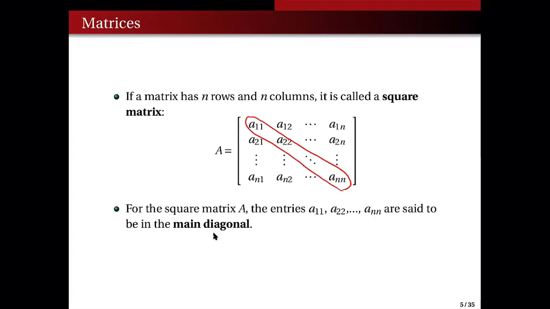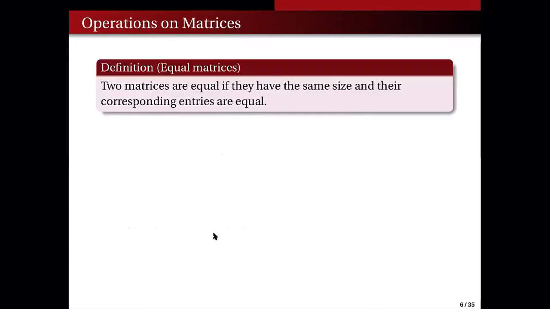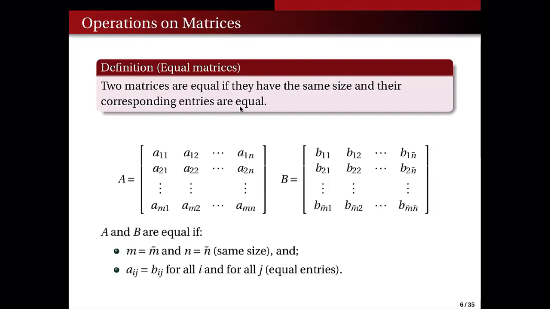Now, let's look at some relations on matrices and also operations used on matrices. Let's define equal matrices. So two matrices are equal if they have the same size and their corresponding entries are equal. So, equal matrices.